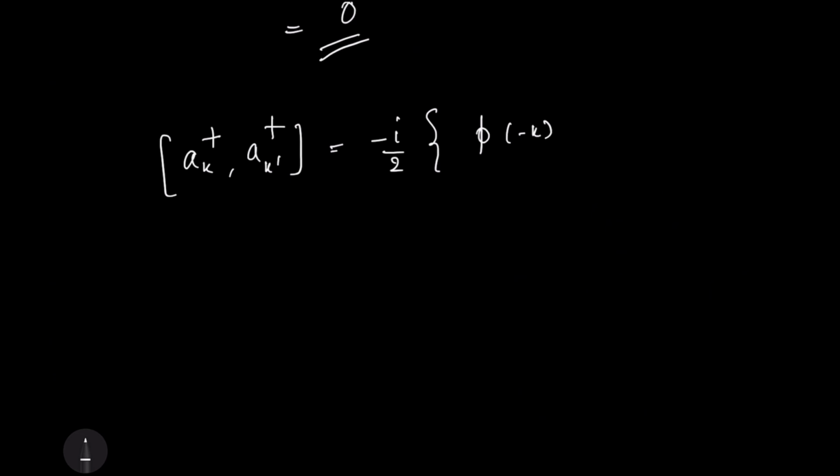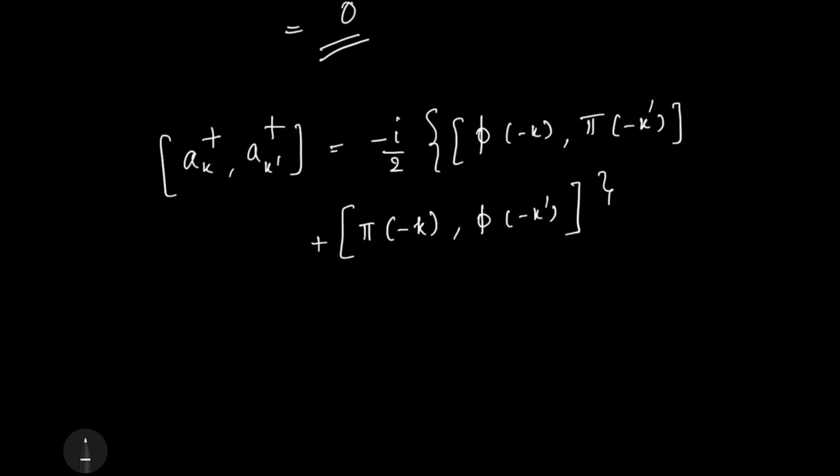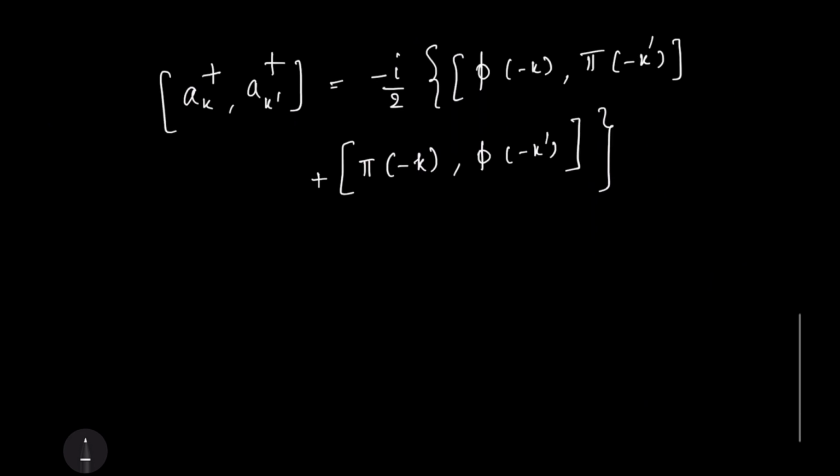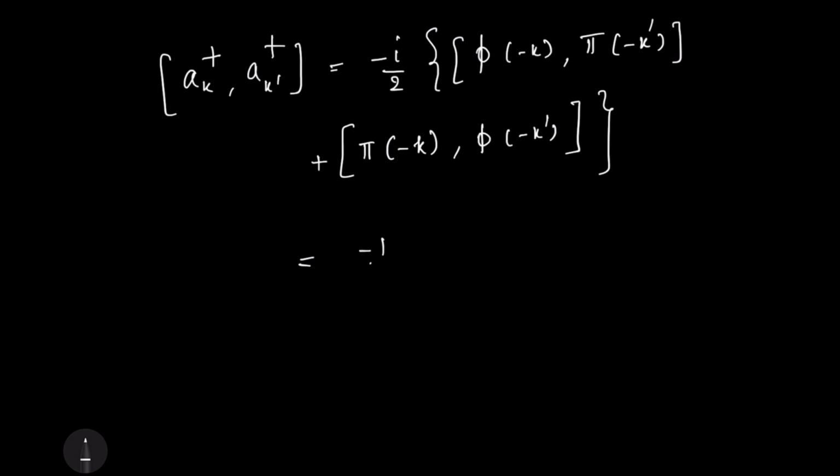Similarly, next we do a_k dagger and a_k prime dagger. Here also the same thing: I get minus i by 2, with phi(minus k) and phi(minus k prime) plus phi(minus k)... Only these two terms will survive, all the other terms will be 0 because of the commutator with the same operator.